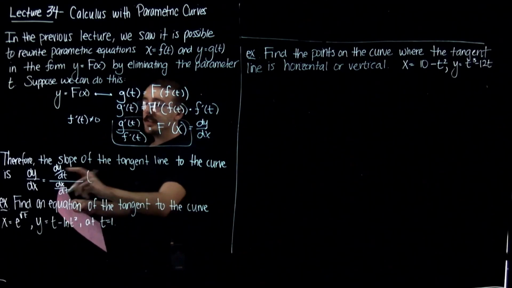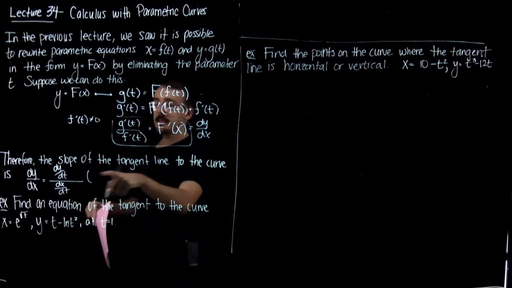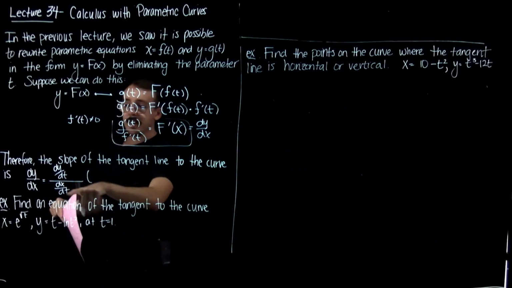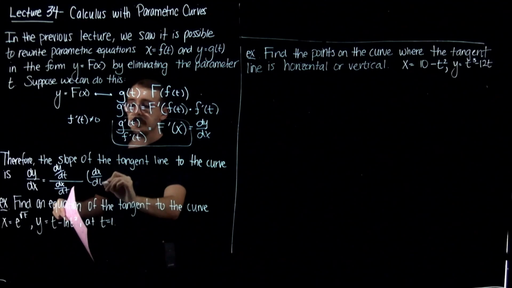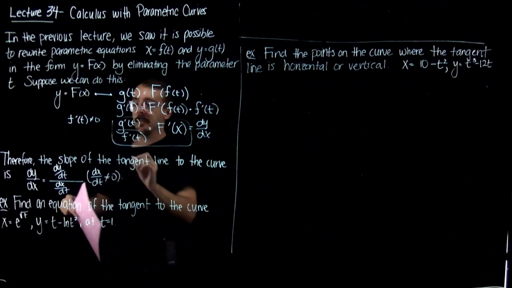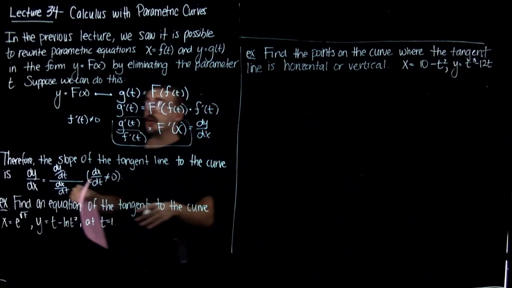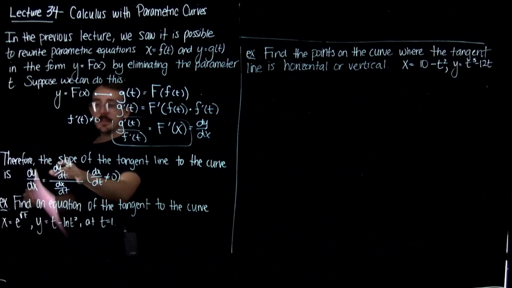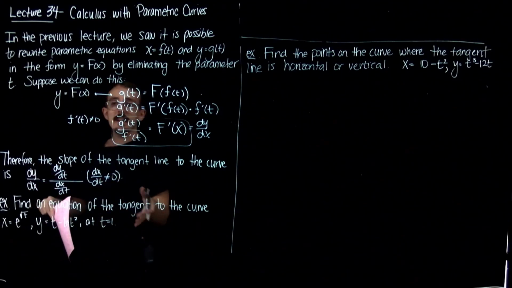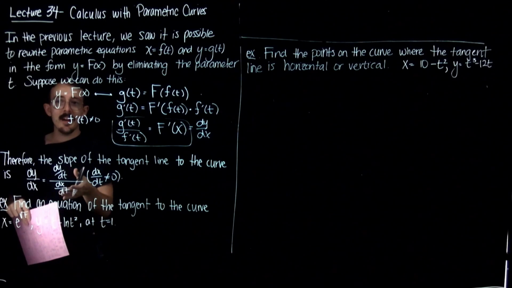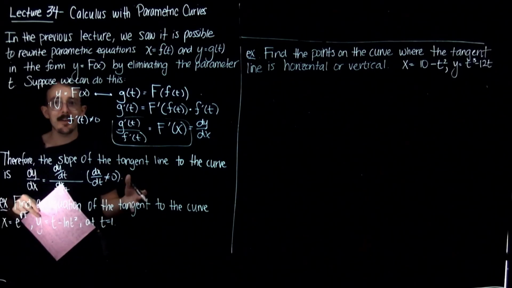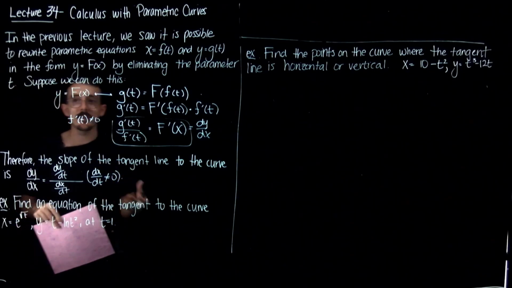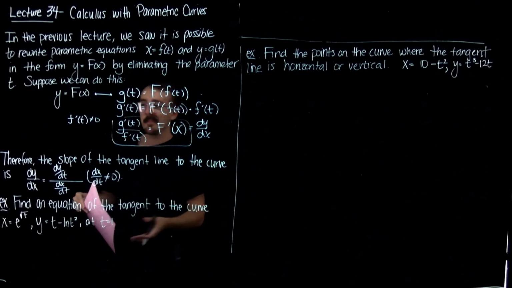So this will be our derivative, the slope of the tangent line to this parametric curve. And we just have this formula as long as dx dt is not equal to 0. Otherwise, this would be undefined. So the great thing about this formula is we can calculate the slope of the tangent line, and we can do that in a way where we don't need to eliminate a parameter or anything like that. We can just go ahead and calculate the derivative given two parametric curves.